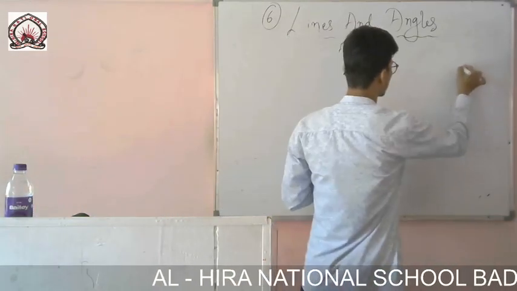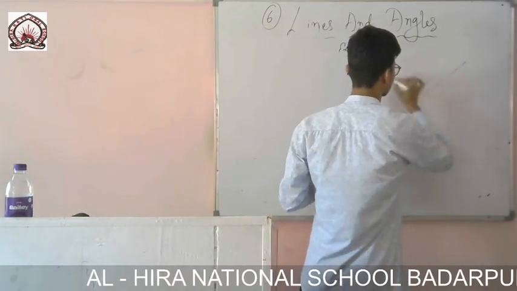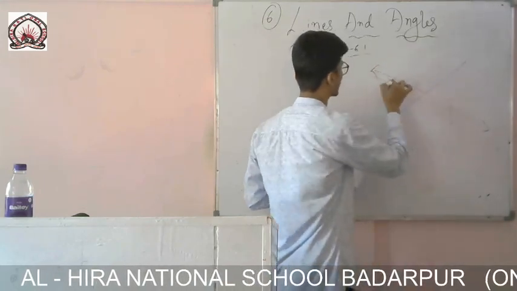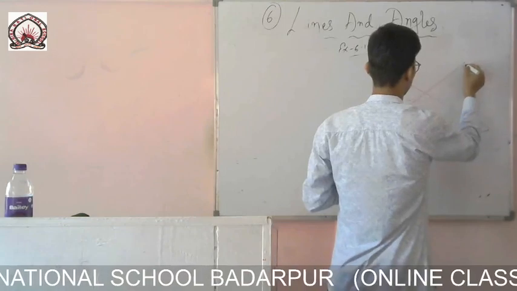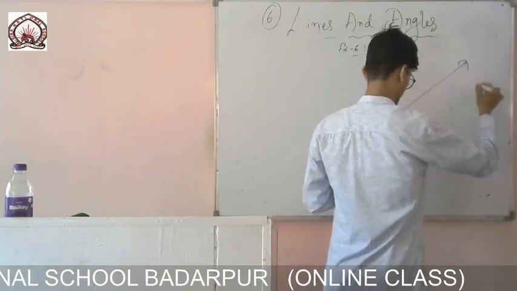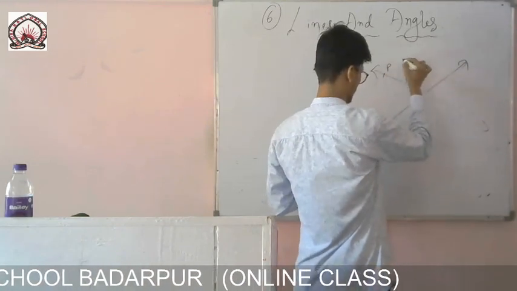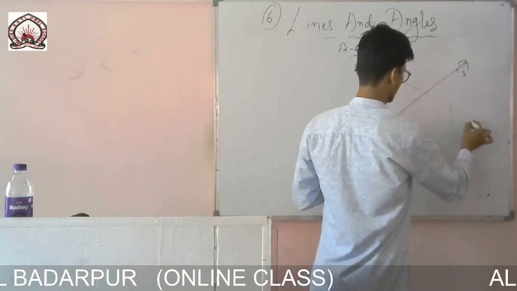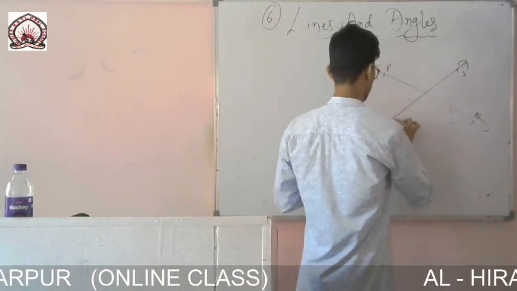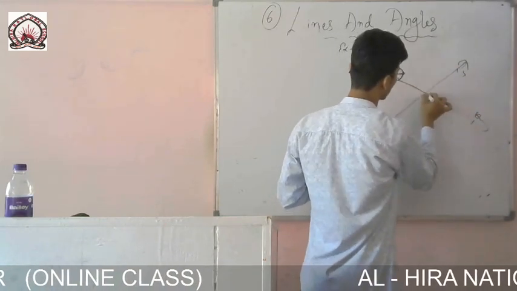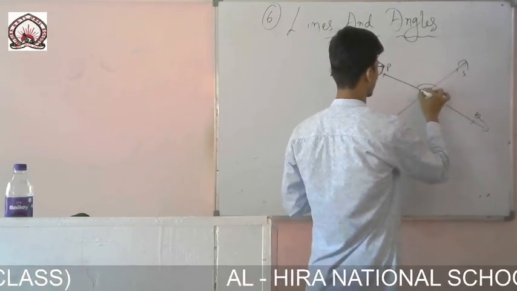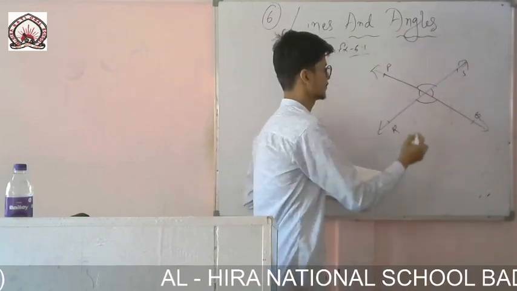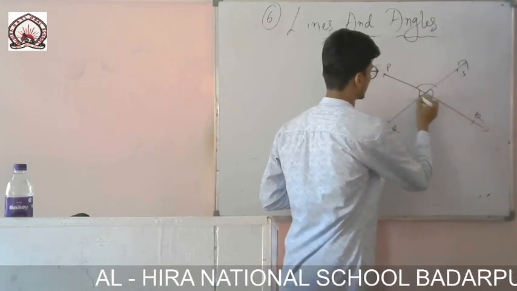So here it is given like this. Two rays are passing through P, S, Q and R. Rays are passing like this, so these are given. Okay, and this is your center O, the point of intersection.